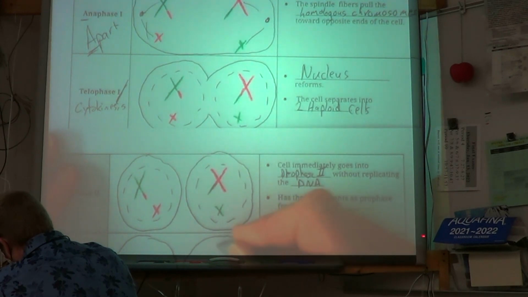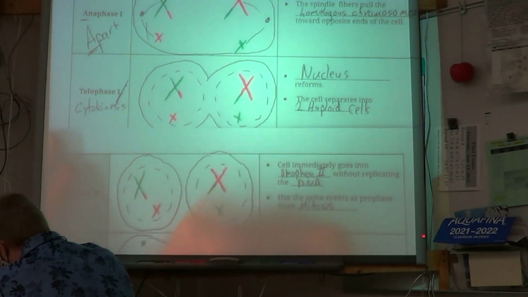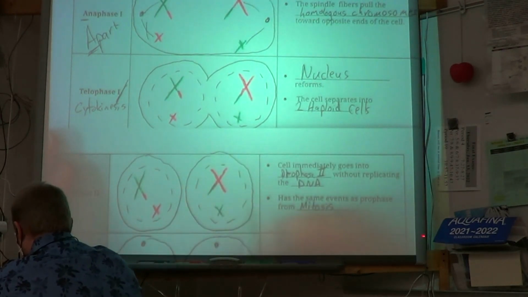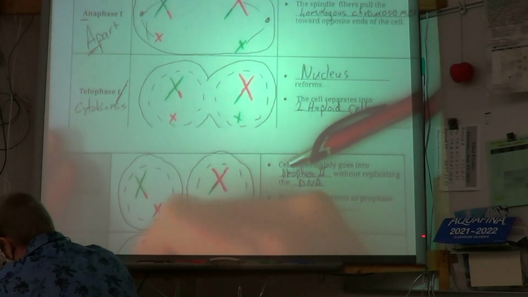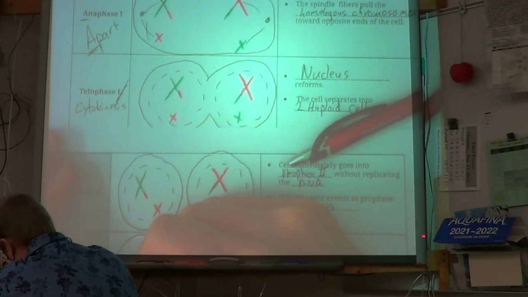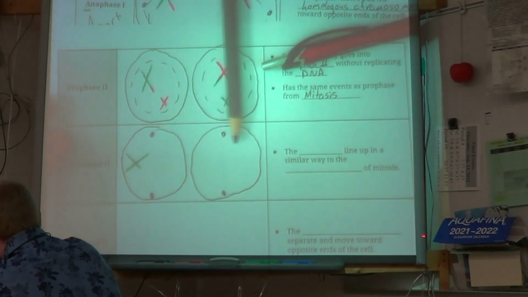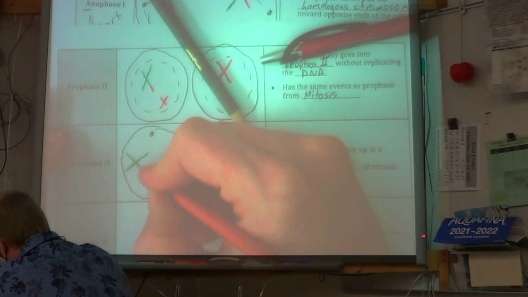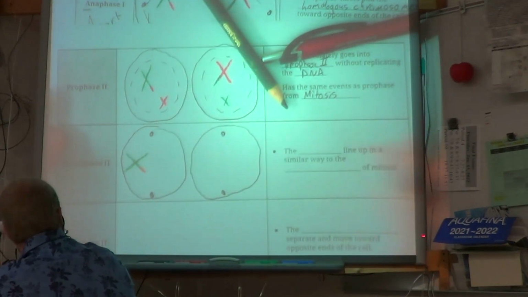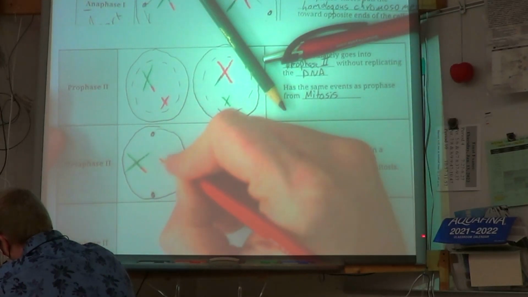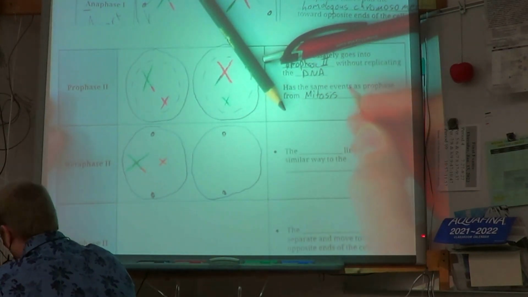This time I'm going to make my north and south poles be where the spindle fibers attach. So I'm going to line up my chromosomes along the equator. I am going to draw my big green chromosome along the equator and my little red chromosome along the equator.